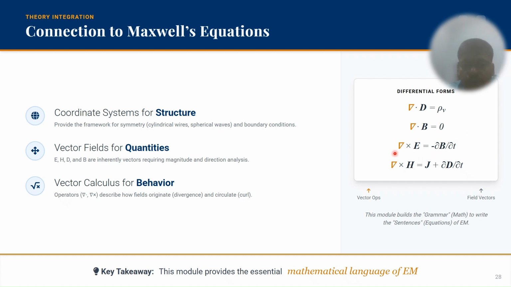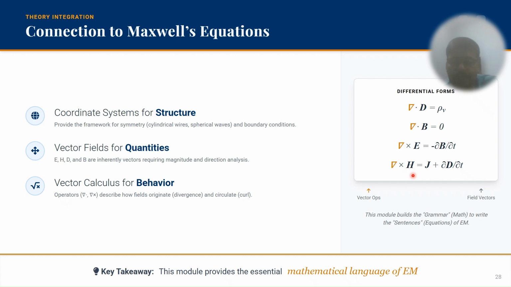We already know this is Faraday's law, and this is the modified Ampere's law, modified by Maxwell. Maxwell proposed that there will be a change in the electric flux density with respect to time whenever there is a magnetic field.